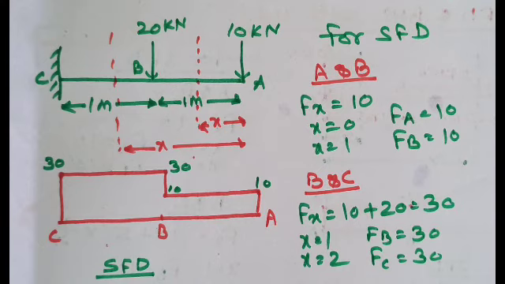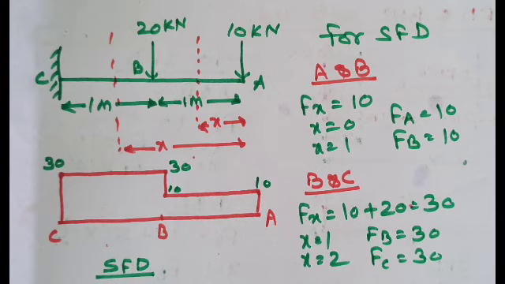Now for drawing the SFD, we will draw a reference line ABC of the same length, 2 meter. We will mark the points A, B and C on the line.